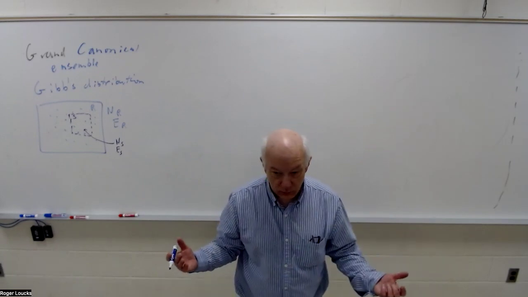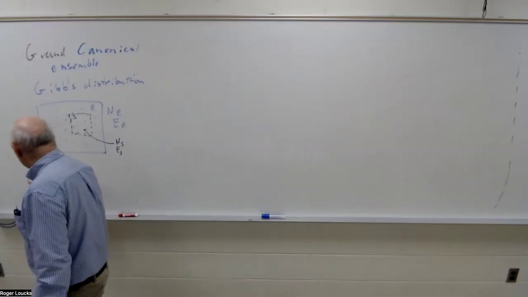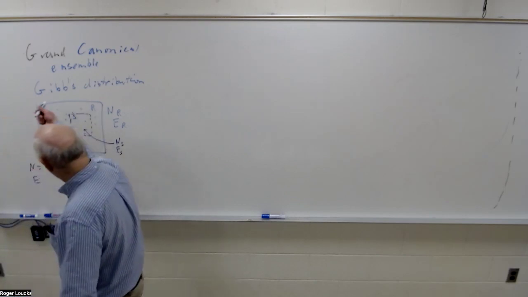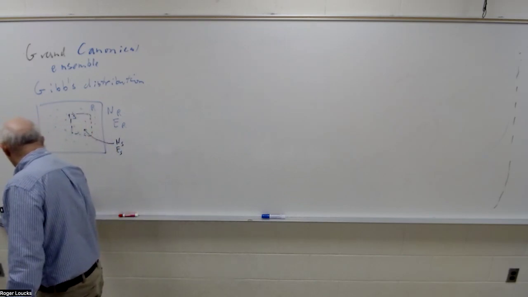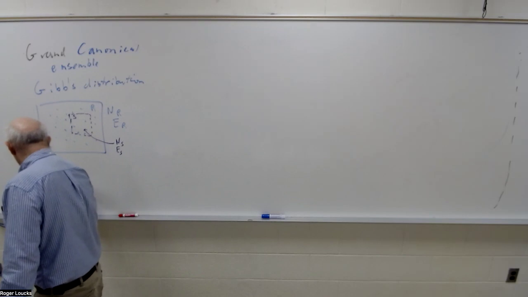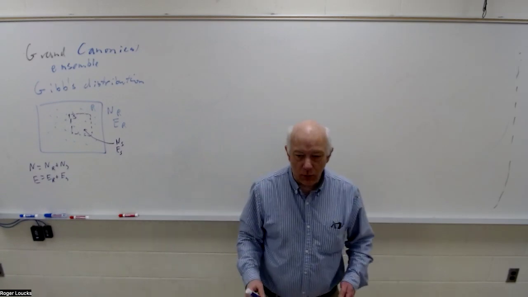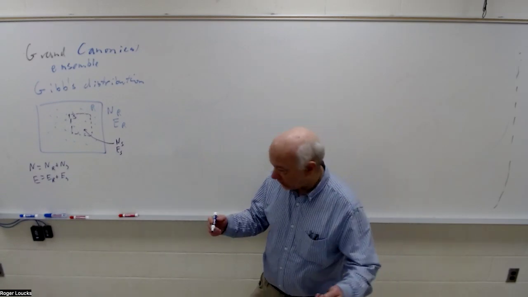That's what it's going to allow us to do. The total number of particles is N_R plus N_S. The total energy for the entire system is E_R plus E_S, and capital N and capital E will both be constants.